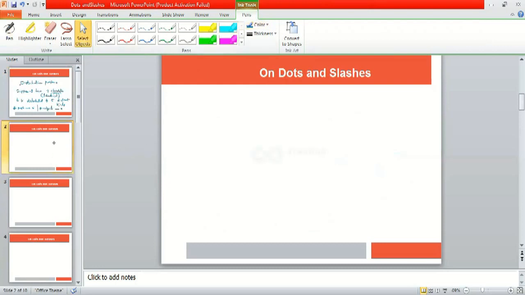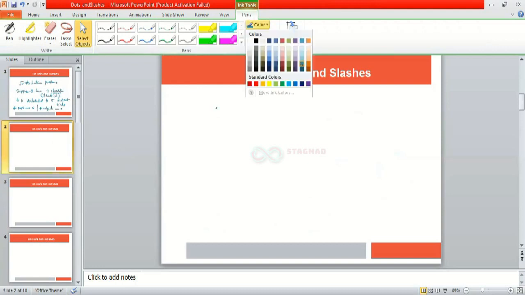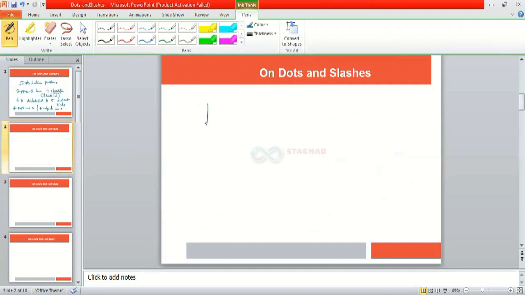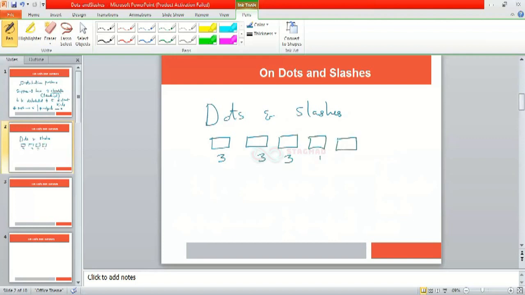This is understood by a popular strategy called the strategy of dots and slashes. What I mean by this is, let's say I would like to indicate this kind of a thing. The first kid received 3 chocolates, the second kid received 3 chocolates, the third kid receives 3 chocolates, the fourth 1 chocolate, and fifth 0. So 0 is also allowed.